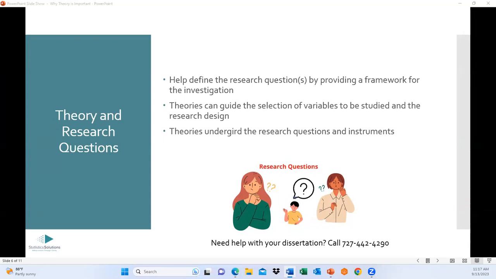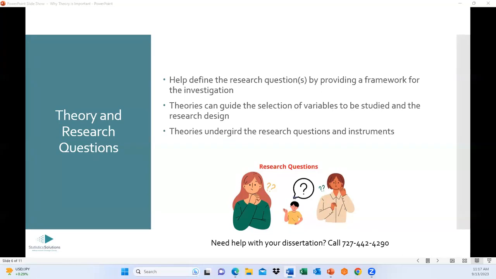And many theories have these components, tenets or something, that's what I'm calling them. They have parts to them. And usually, if you have your theory aligned with your survey, whatever instrument you're using, usually the components of the theory are what you're going to be studying.